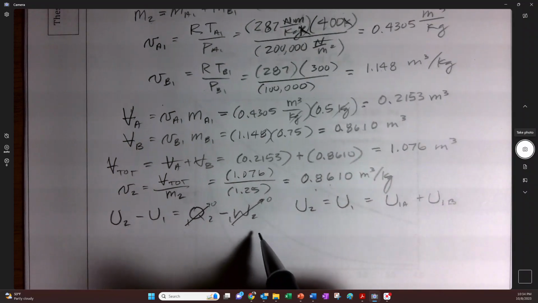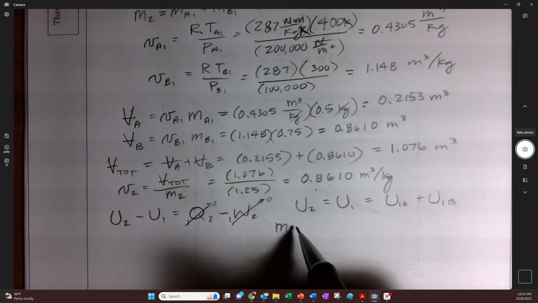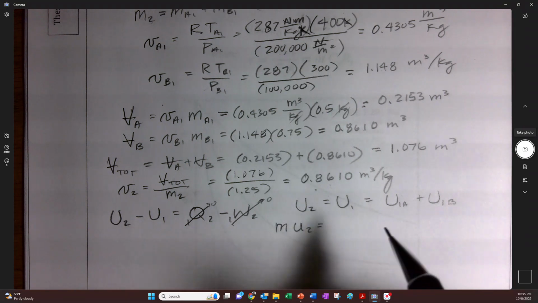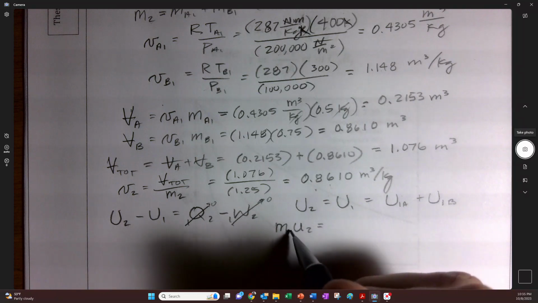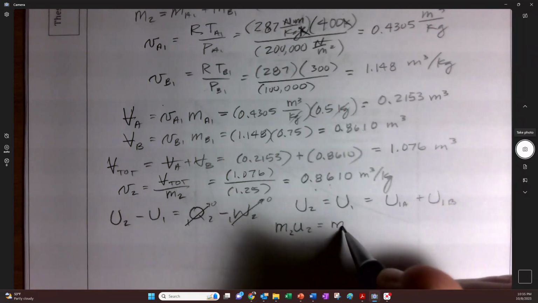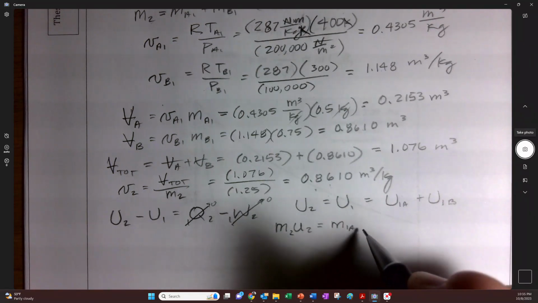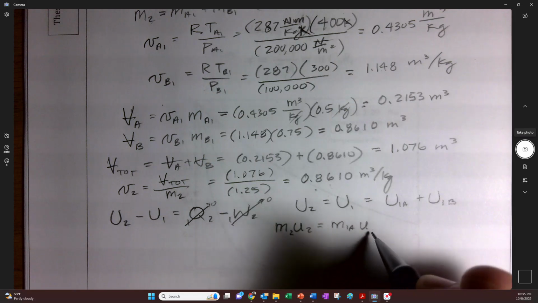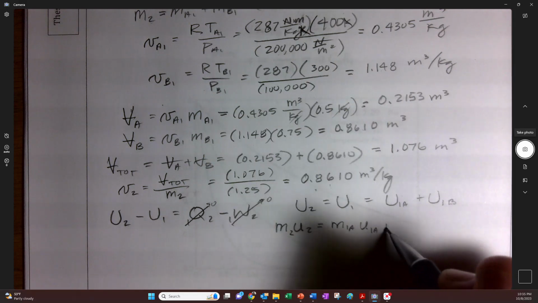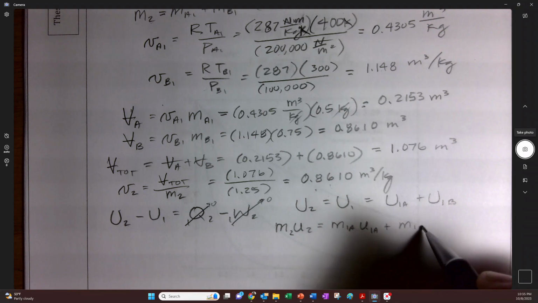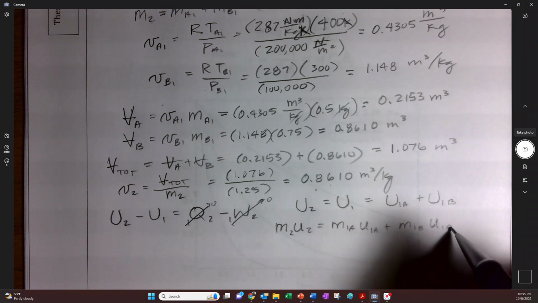So we know M times U2 is going to be equal to M2, M1A times U1A plus M1B times U1B.